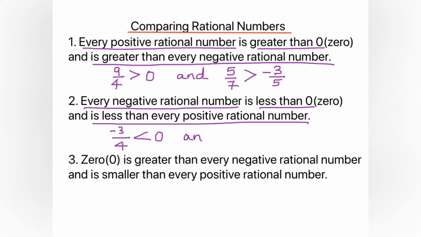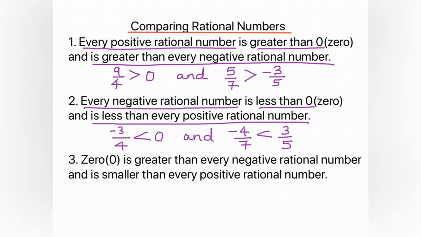And minus 4 by 7, which is a negative rational number, is less than 3 by 5, which is a positive rational number.